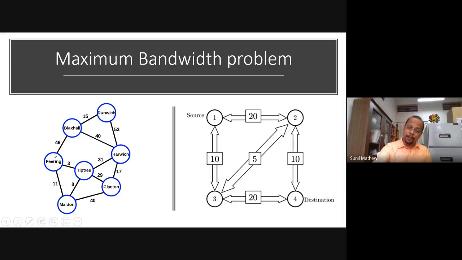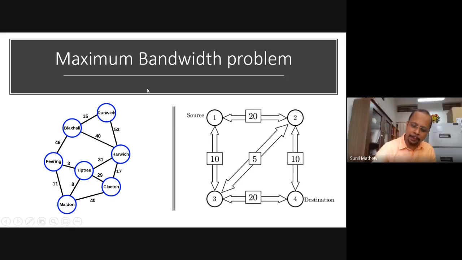Only the minimum is possible. You know that. If they represent pipes or flows, 15, 46, you cannot flow 46 along this path because 15 is the minimum number. So if you find the minimum of weights in this path, that is the maximum possible flow, or the bandwidth of this path.